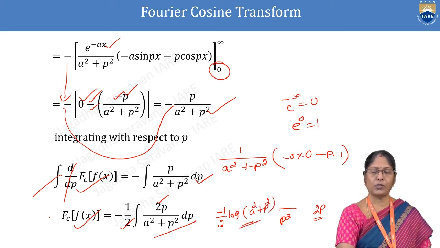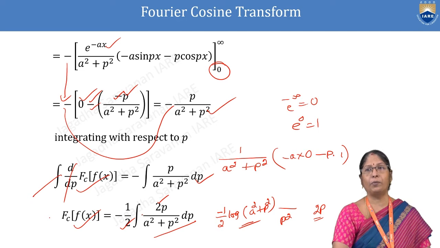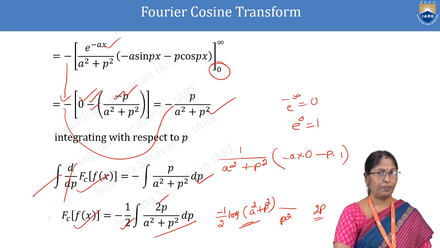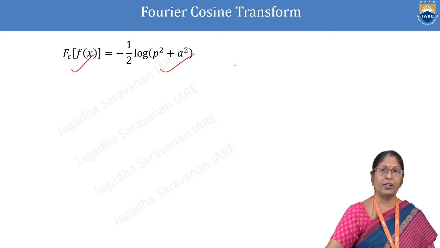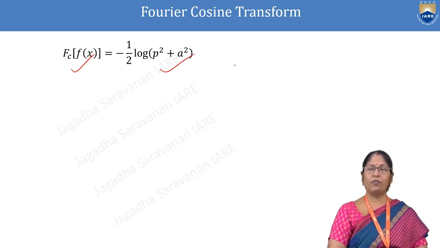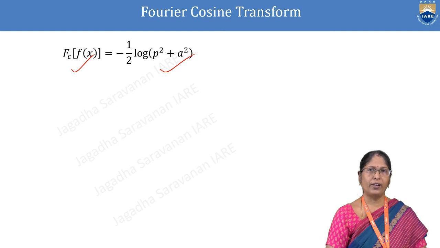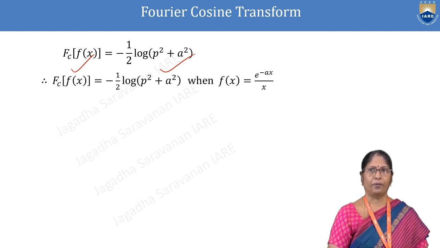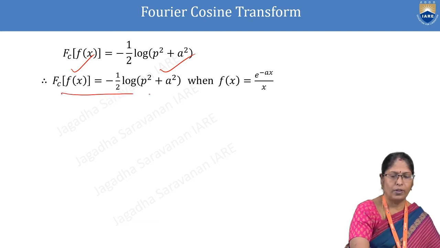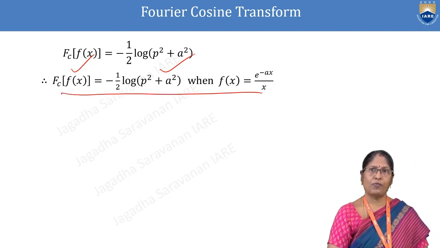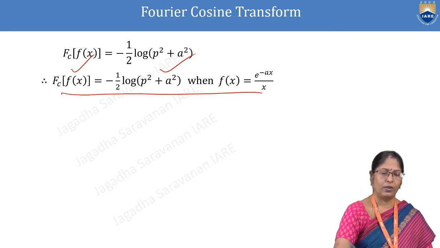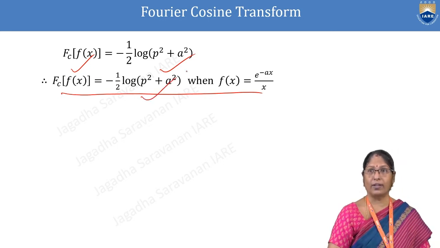For that purpose only we multiplied and divided by 2. So we got the integration minus 1 by 2 log of p square plus a square plus c, the constant we neglected. So now the Fourier cosine transform of the function f of x, this is the result.